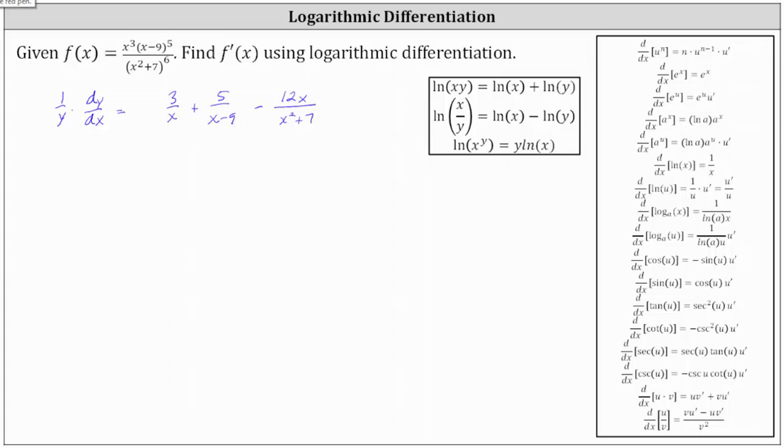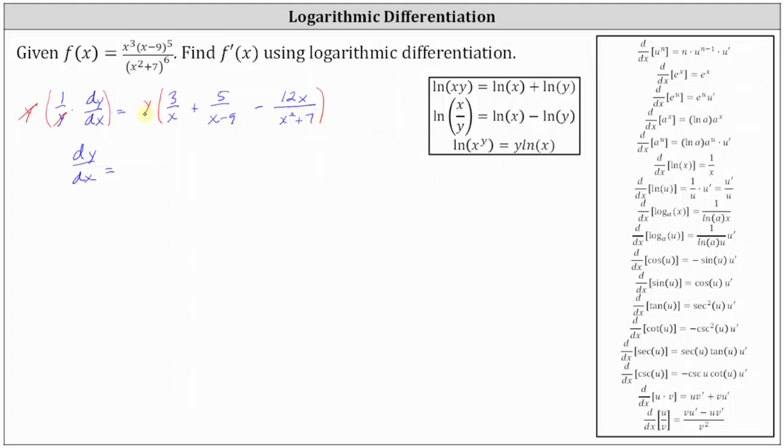So again, to solve for dy dx, we will multiply both sides of the equation by y. On the left, y times 1 divided by y simplifies to 1, leaving us with dy dx. On the right, we want to have the derivative in terms of x, not x and y.